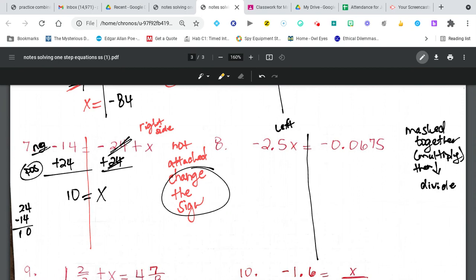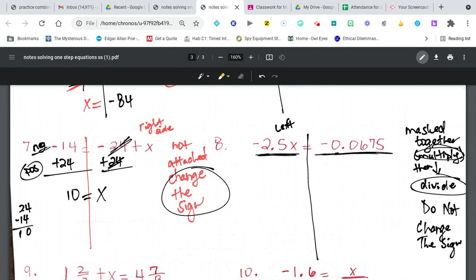But when we multiply and divide, we do not change the sign. So since it's mashed together, which is multiplication, I need to divide. So draw your divide bar on both sides and divide by the number you're trying to get rid of. Well, I'm trying to get rid of negative 2.5. You're always working with the number you're trying to get rid of, or the number on the side with x. So if you divide by negative 2.5 on the left, you've got to divide by negative 2.5 on the right. These are going to cancel, and I'm left with x.